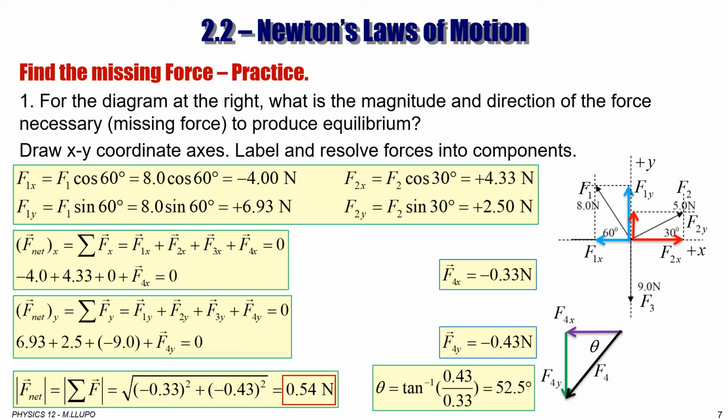And that angle is tan negative 1 of 0.43 divided by 0.33. That is 52.5 degrees. So now we have the magnitude and we have the direction of the missing force that can produce equilibrium. If we draw that on the diagram, then surely everything will be in equilibrium.